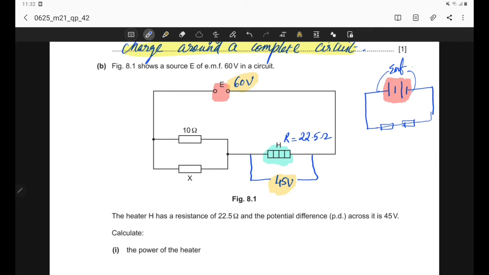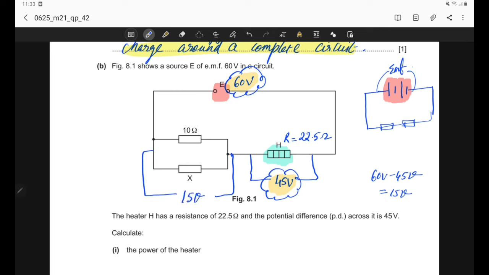So out of 60, 45 is consumed by the heater. So the remaining voltage, that is 60 volt minus 45 volt, we will get 15 volt. So the voltage across this parallel circuit will be 15 volt.